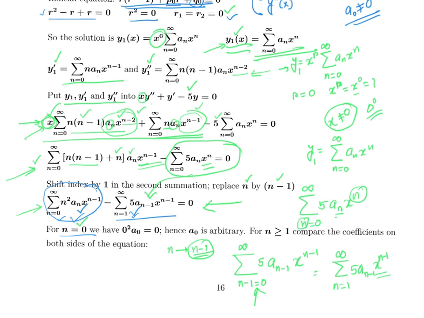If you plug in n equal to 0, what happens? You have n square a sub n, so 0 square times a sub 0 is equal to 0. That tells you that a sub 0 is an arbitrary value, because 0 times any fixed number would give you 0.